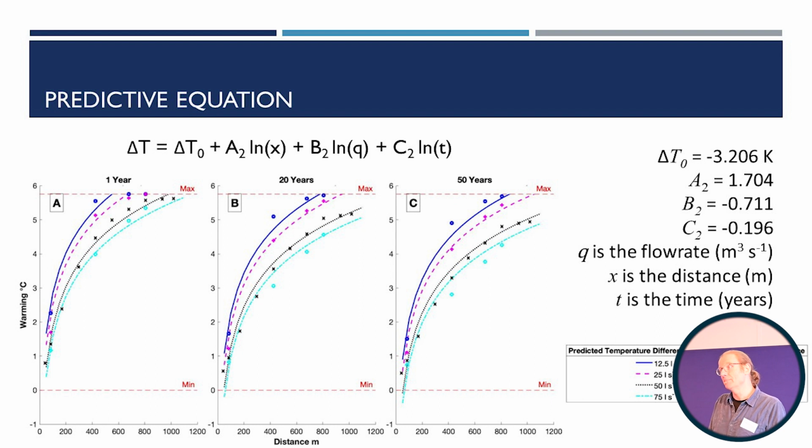If you then match the values A, B, and C, you can match the predictive equation, which is the curves in these plots, to the individual model calculations, which are all the symbols in here. The fit is reasonable. It's not perfect, but it's probably enough. Of course, if you want this to be more accurate, then you'd have to come up with a more complicated equation.